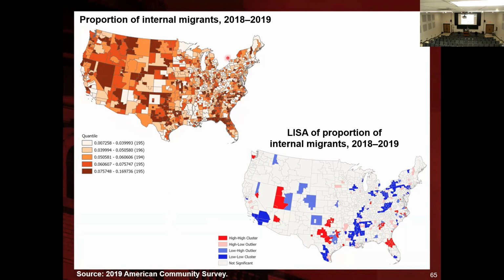It gets the data of this map, does a statistical analysis and shows which are the clusters: the high cluster, low cluster, high-low outlier, and low-high outlier. And those areas that seem to not have a significant cluster or outlier. In other words, you can have high and low levels of in-migration in those areas that are here in light gray, okay?